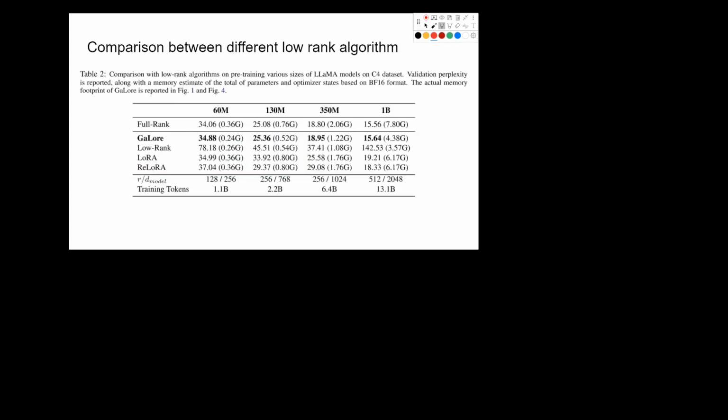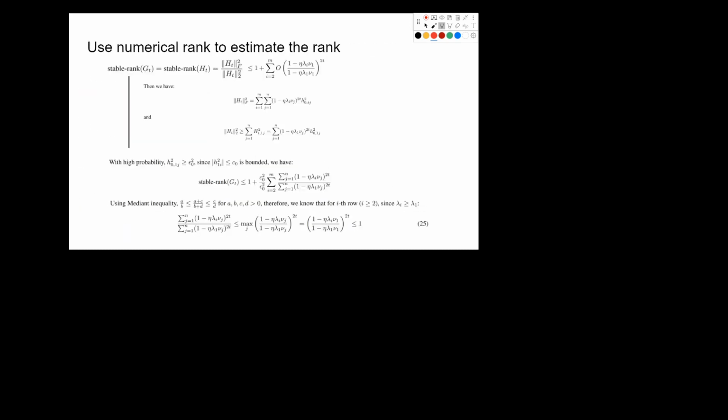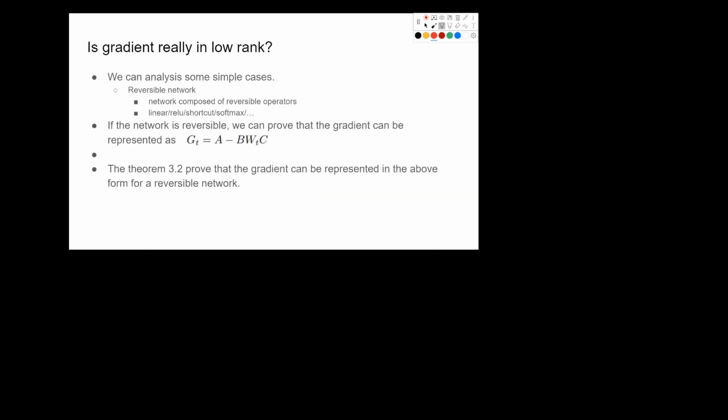The reason that G_T is low rank is that we update for a lot of steps, so that this one will become a small number. If we don't update enough steps, none of these items will be 0. We will go back to check that later.